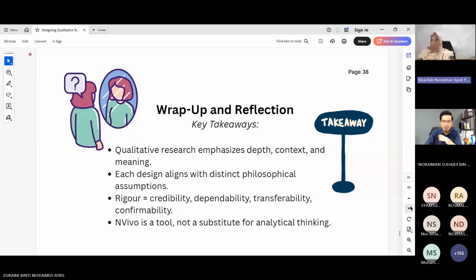There's also a question on critical and transformative. When we talk about critical and transformative, that one is an assumption.